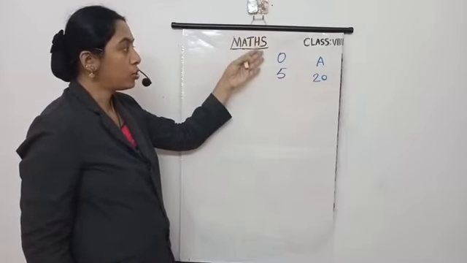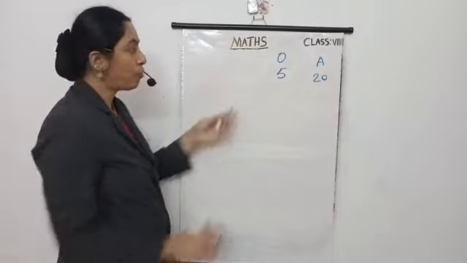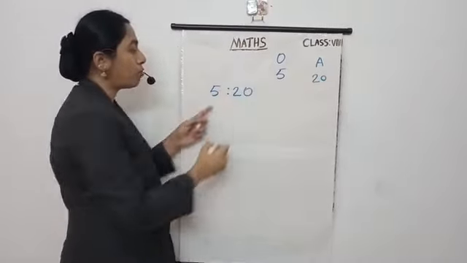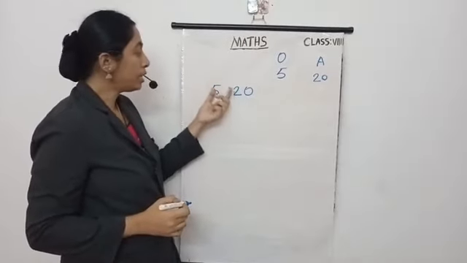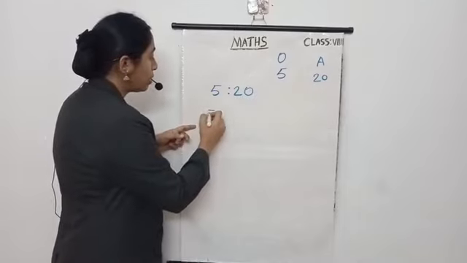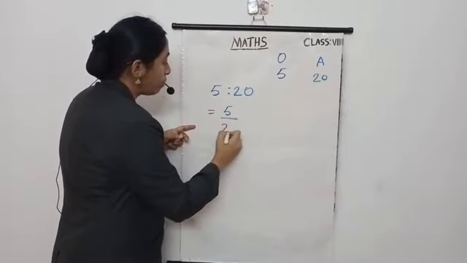Understand? Number of oranges to number of apples is 5:20. And this 5:20 is a fraction. This we can write like 5/20.